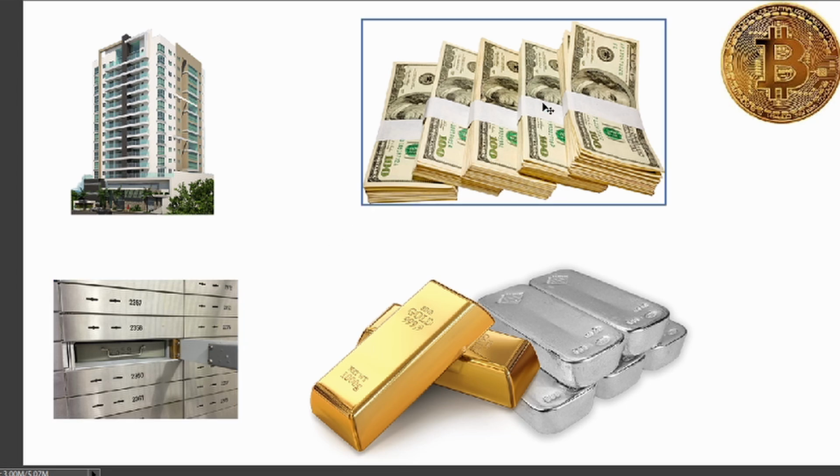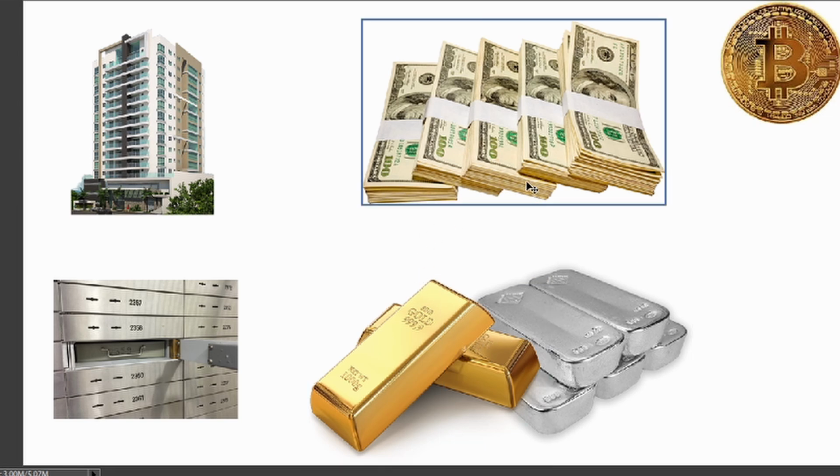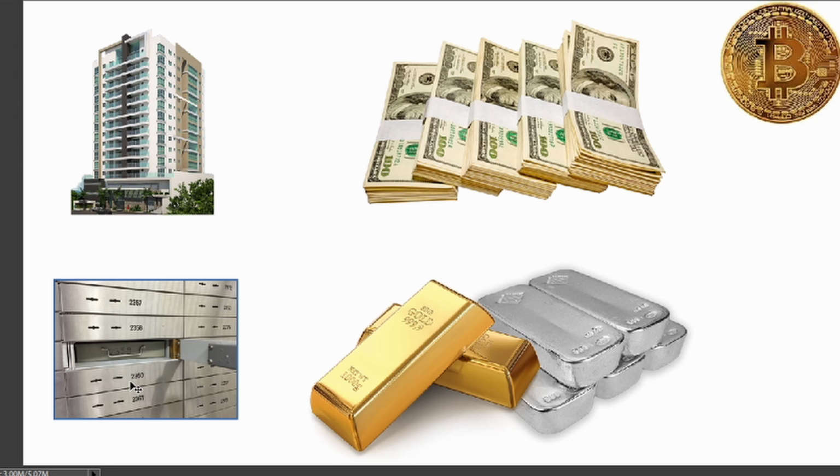And if you happen to have cash, whether it's US dollars or foreign currency or gold, silver, platinum, diamonds, whatever, and you stash that in your foreign safe deposit box or your foreign house or something like that, all of this stuff is not reportable.